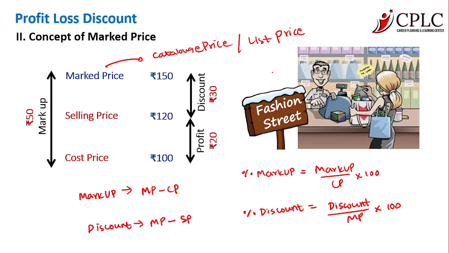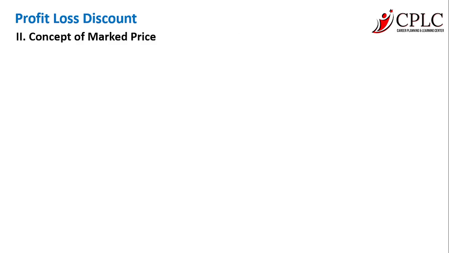They all mean the same thing, which is basically marked price. So this is the concept of mark price and discount that you need to understand and remember, because questions are normally asked on this idea as well. So that's about mark price and discount, folks.